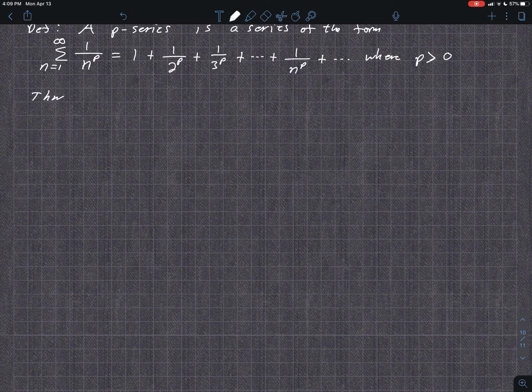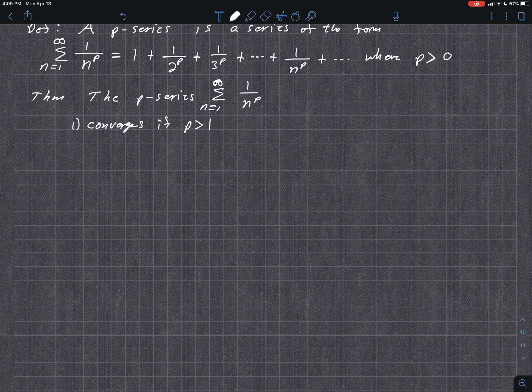So that's going to be the theorem. Here's a theorem. I'm not exactly sure of the theorem in your book, but it doesn't matter. This one says the p-series, which is the sum from n equals 1 to infinity of 1 over n to the p, has two cases. One, it converges if p is greater than 1.